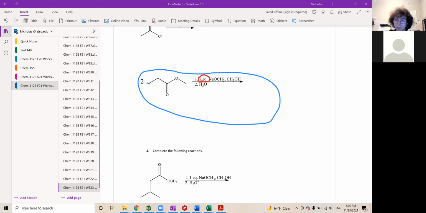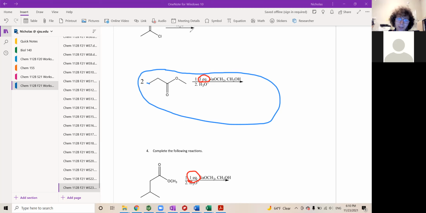We're using one equivalent of a base, so we're using a full equivalent, and it's the same down here. It's always going to be one equivalent. And if you're using one equivalent of a base, then it's base promoted. If you use the catalytic amount, then it would be base catalyzed. So that's one thing you can look for to determine if it's promoted or catalyzed.